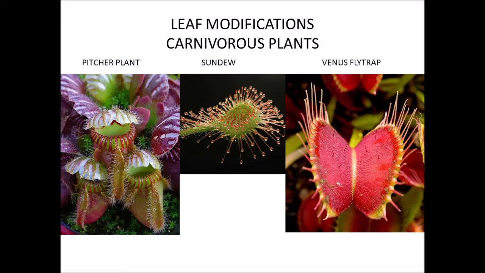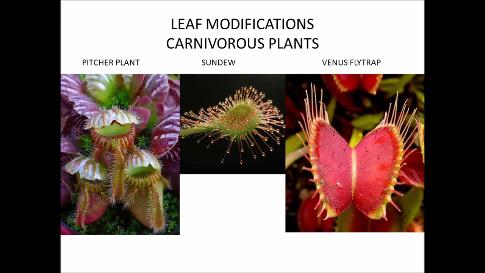The sundew has these extended trichomes, which are sticky hairs which trap the insect, and then the leaf will fold over and digest the insect. And then you have the classic Venus flytrap, which is a modified leaf there, which basically folds over an insect once the hairs are triggered. And you can see the little hairs or trichomes extending from it that are triggered once the insect touches them.